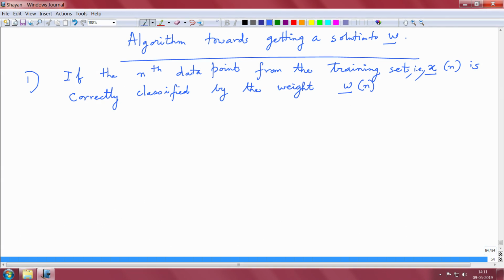So, if there is a weight Wn and then the nth data point from the training set Xn is correctly classified, then no correction is made to the weight vector in accordance to the following rule.